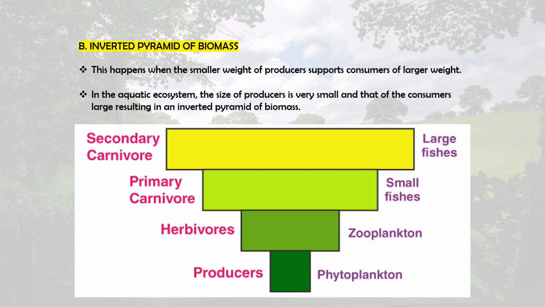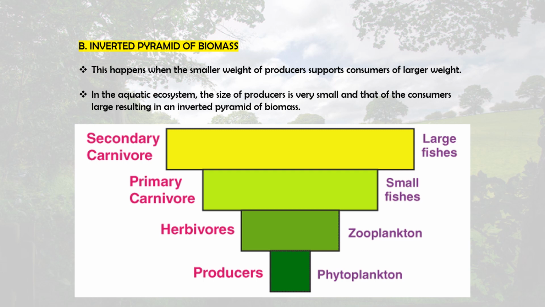In an aquatic ecosystem, phytoplanktons are the producers, which have very little biomass or very little weight. So due to that, we will see in this picture that the phytoplanktons have a very small amount of weight, so we have the smaller trophic level at the base.